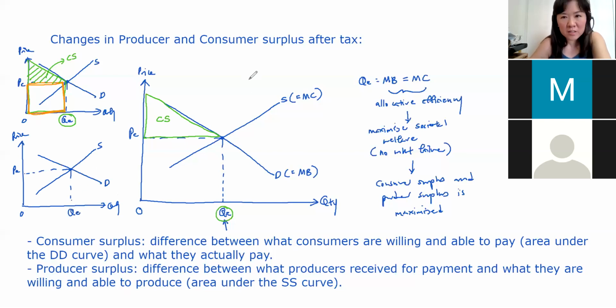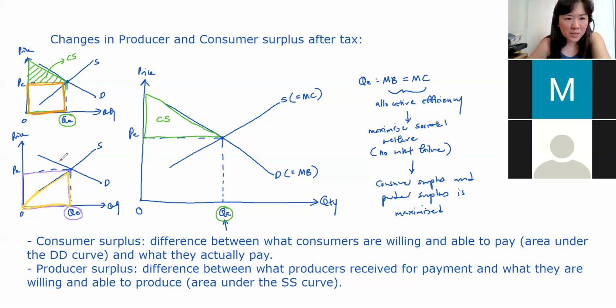From the producer's perspective, this is what they receive as their revenue, because it's price times quantity for this quantity transacted. What they receive, less what they're able to produce, which is shown by the area under the supply curve. This triangle below the supply curve for this quantity is what they are willing and able to produce.